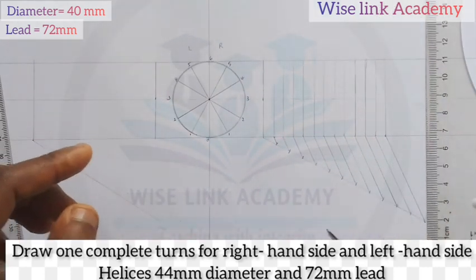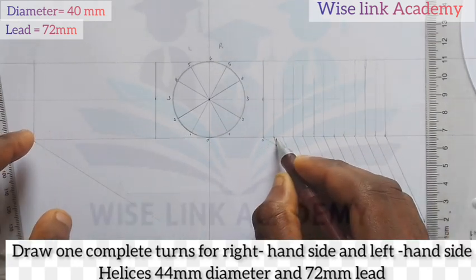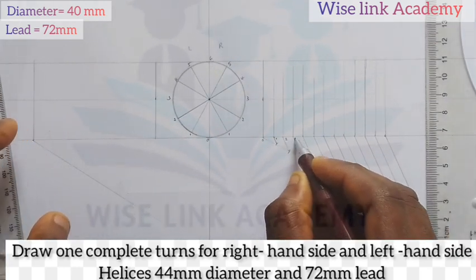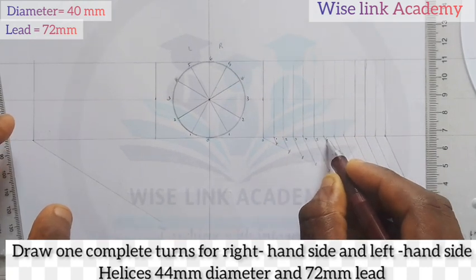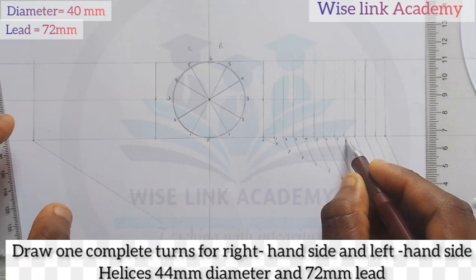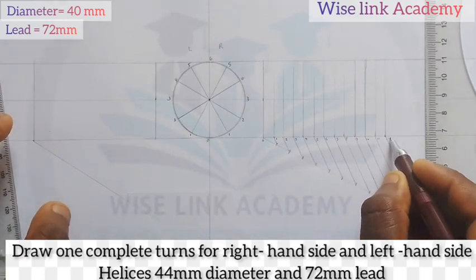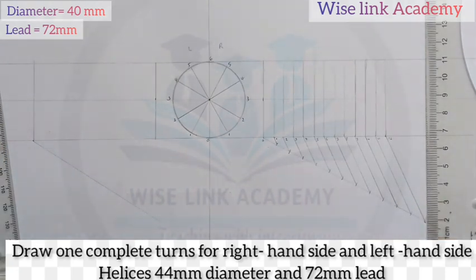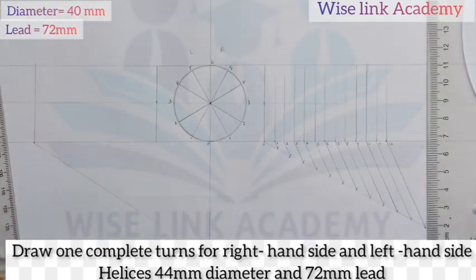So I can easily name this 0, 1, 2, 3, 4, 5, 6, 7, 8, 9, 10, 11, and 12. So what I did here, I will do the same at this point.